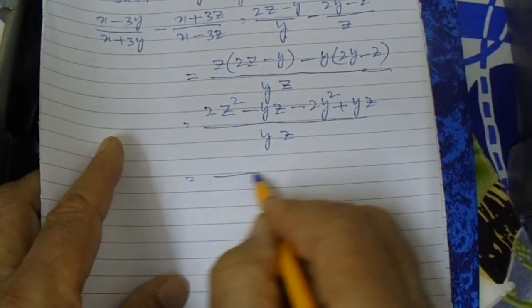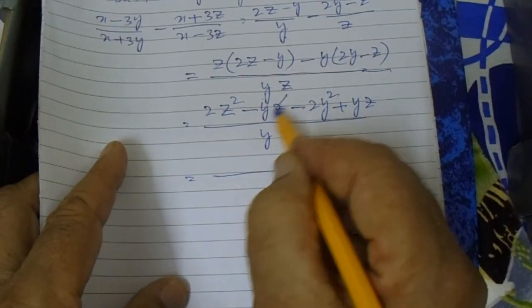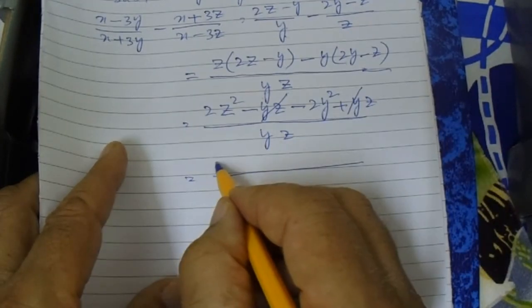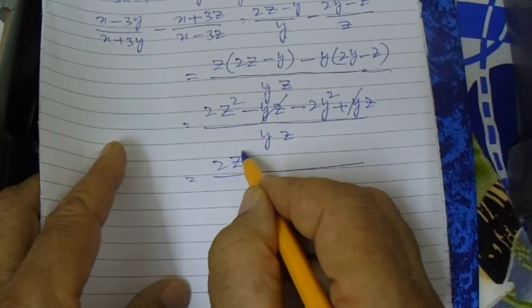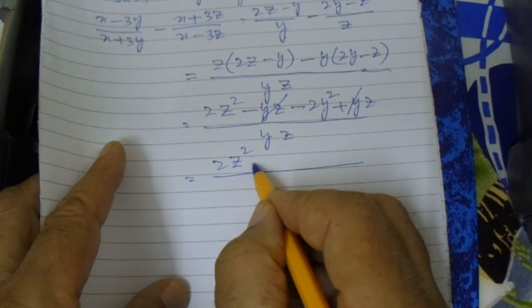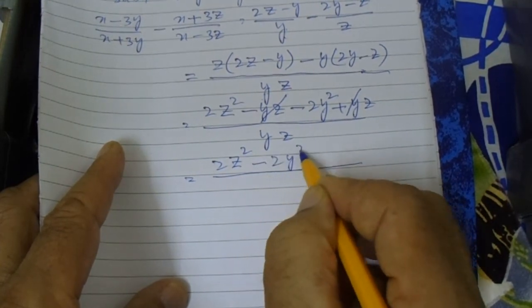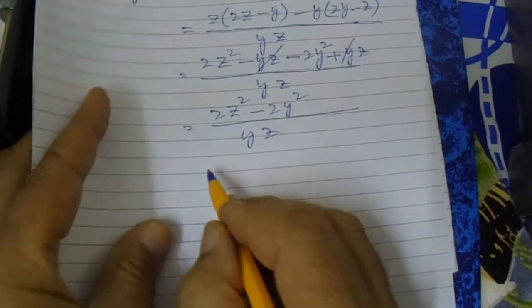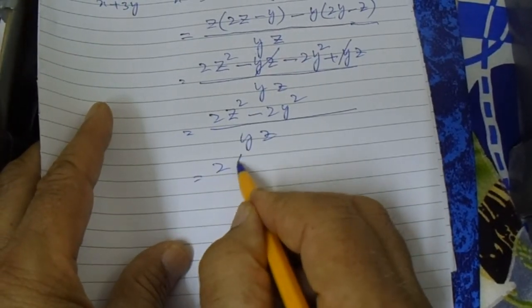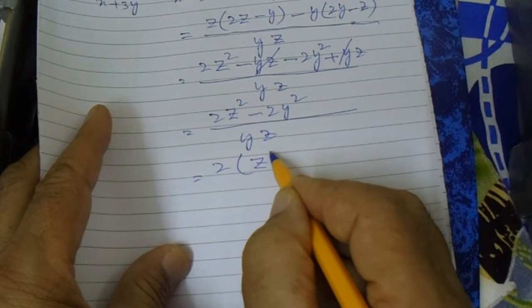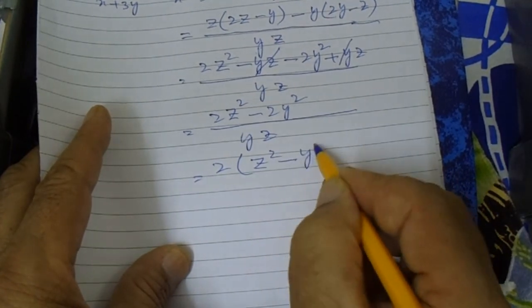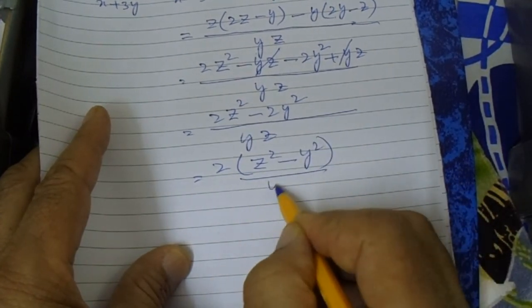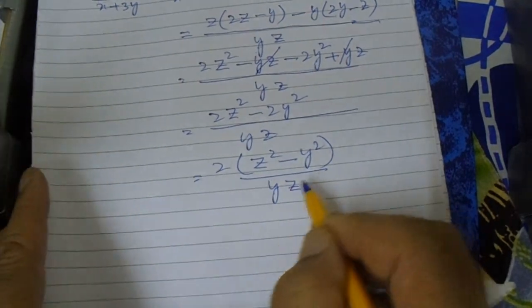Okay, now this will cancel this, and you have only 2z square minus 2y square over yz. We take 2 common from this, and z square minus y square over yz. Now we have the answer of this.